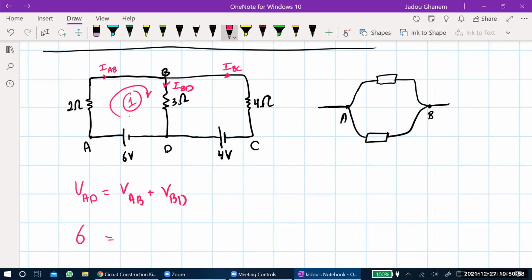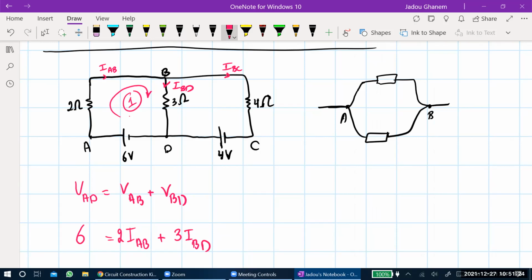So I can write it as I times 2 ohms. So it's I times 2, or 2I. Okay, and then the VBD plus 3 IBD.